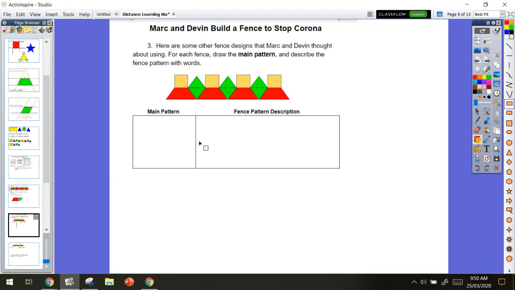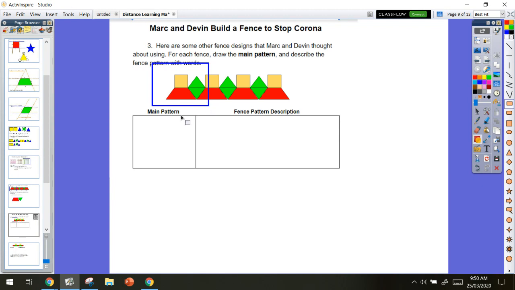Don't call out. Lynn, what repeats over and over again? A and B. Can you tell me the shapes that repeat over and over again? A square, a trapezoid, and a triangle. One or two? Two. All right, so you're saying that this repeats over and over again.